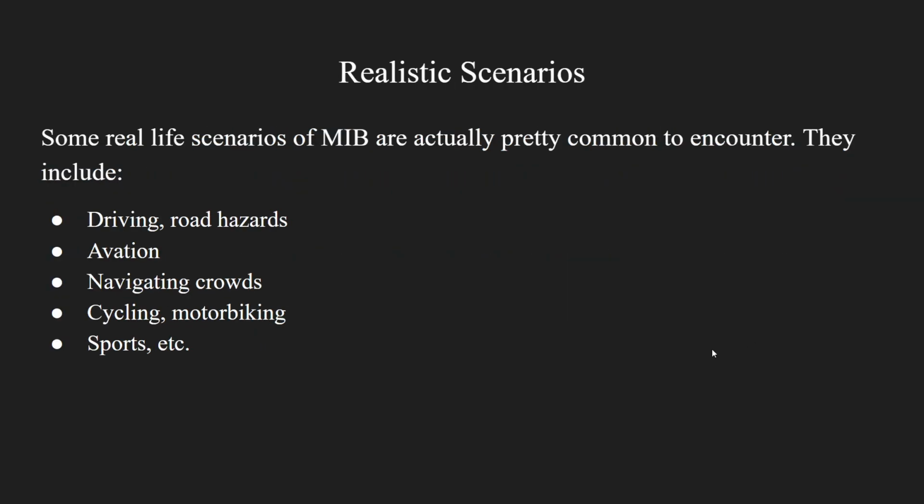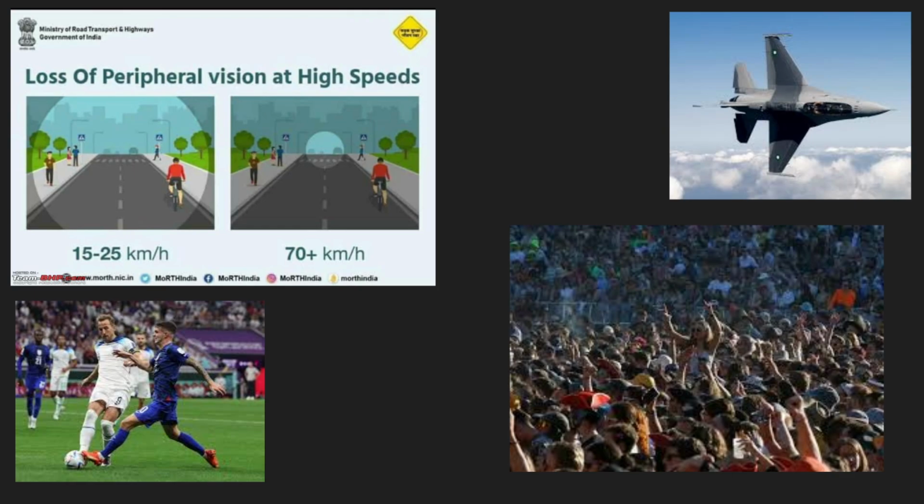Some realistic scenarios of MIB are pretty common to encounter. They include driving with road hazards, aviation, navigating crowds, cycling, sports, and a lot more. So we have driving up here. When you drive, and usually at fast speeds, the area around you is moving very fast.